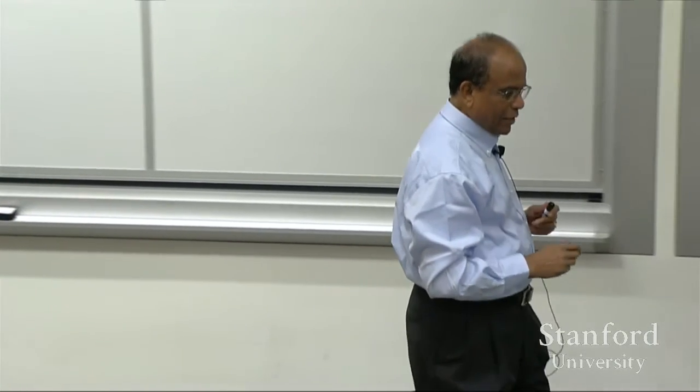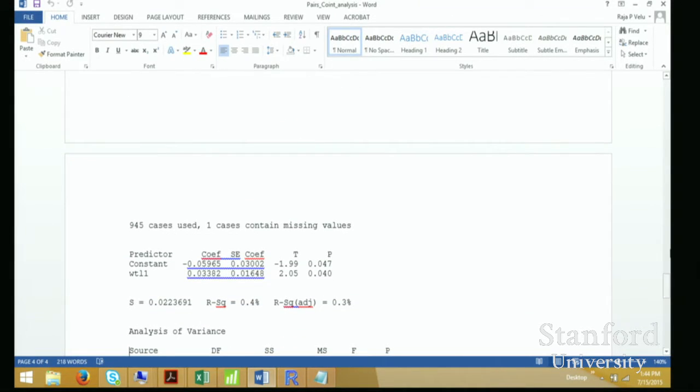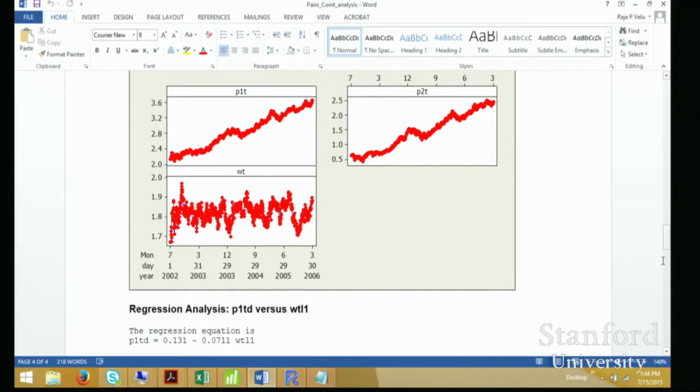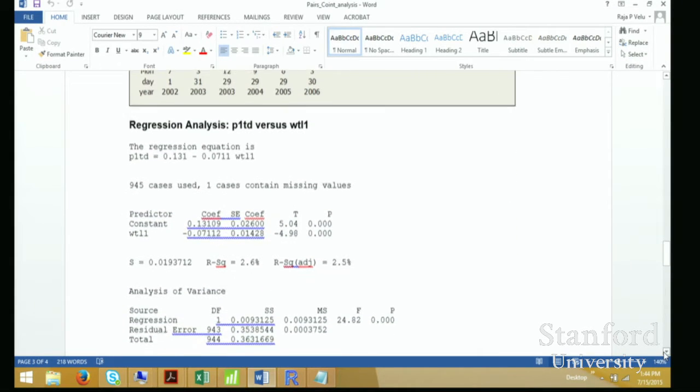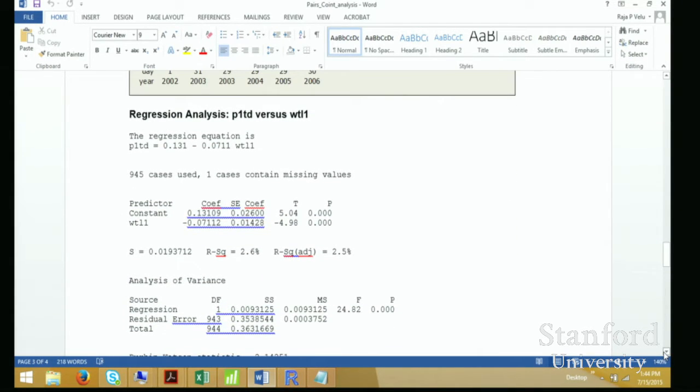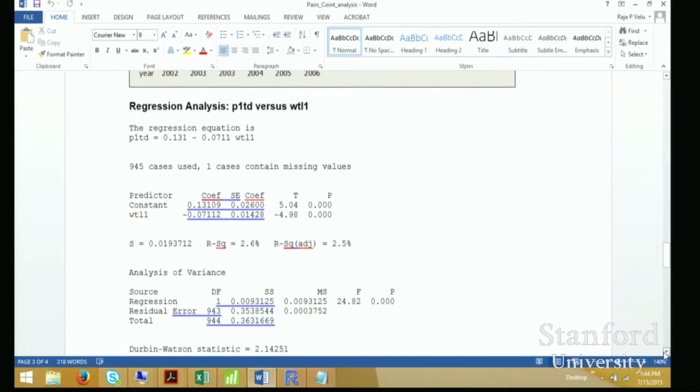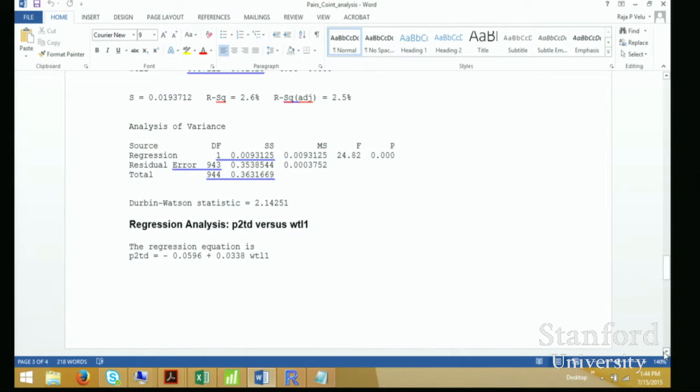When I go through this, you can see the numbers I get are given here. That is the model that I have for the difference of P1t, given by 0.131 minus 0.7031, and for P2t I have 0.0338 W1t and so on.